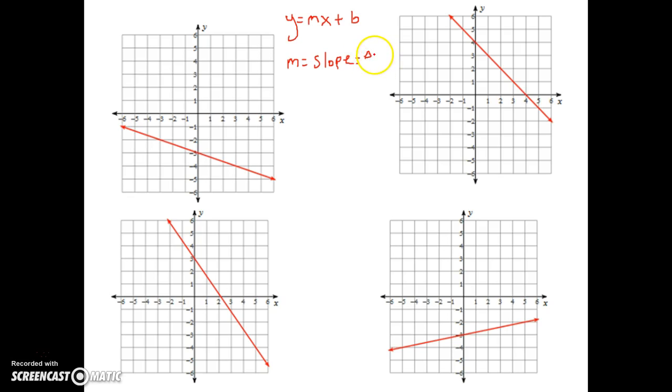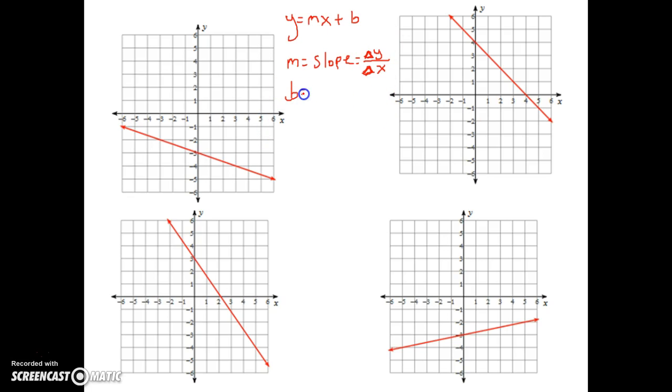This triangle means change. How much you change in y, it's actually a delta, and how much you change in x. So however much you change in your y over however much you change in your x. So we'll go through a couple of examples and you'll understand slope a little bit better.